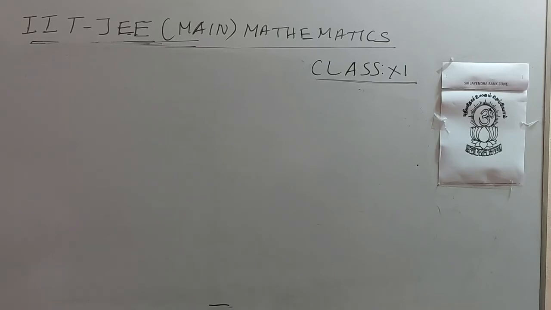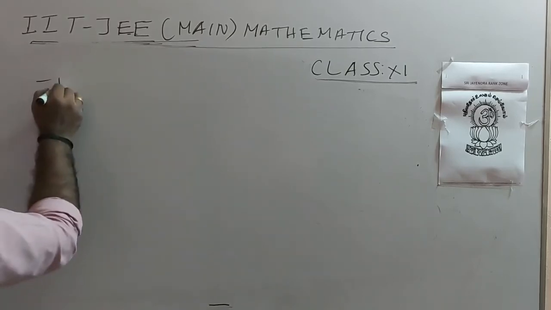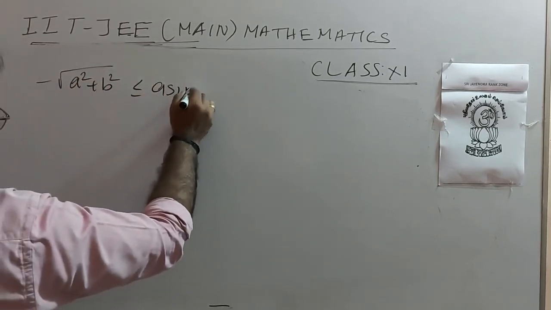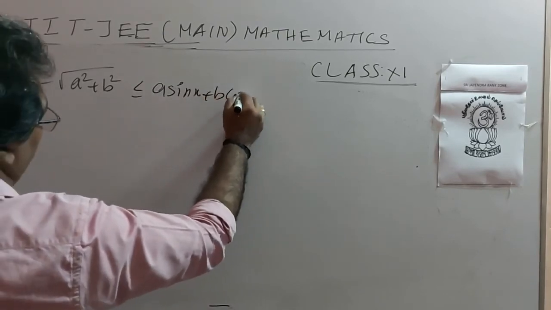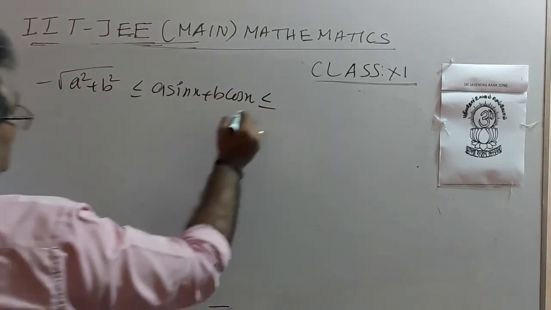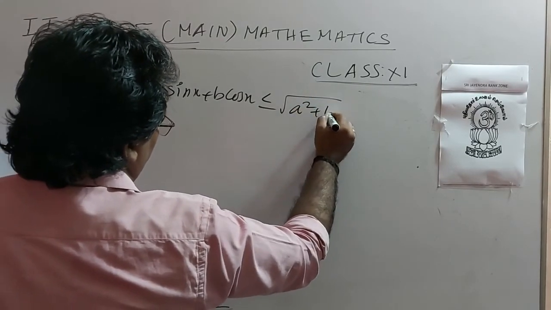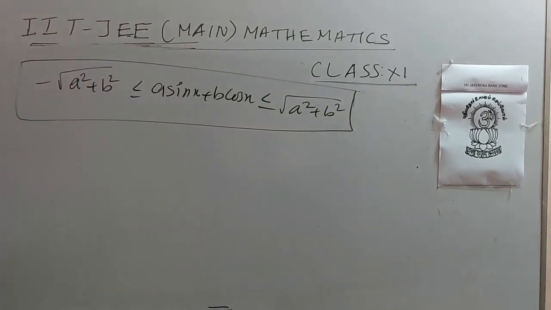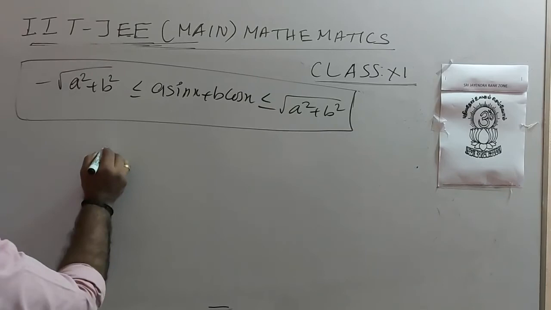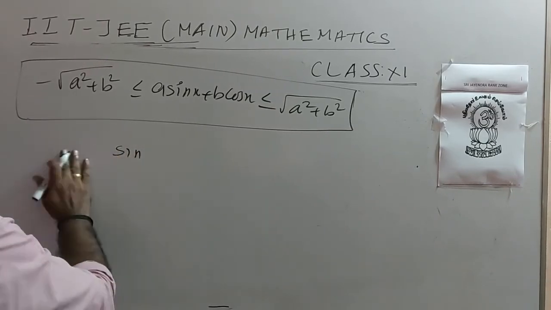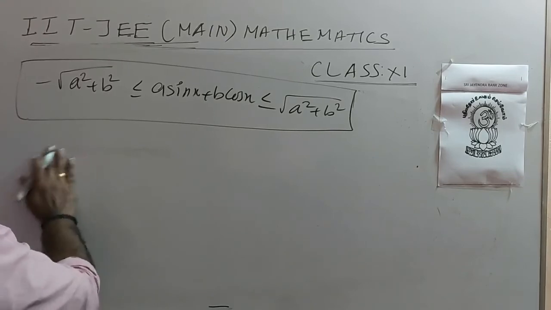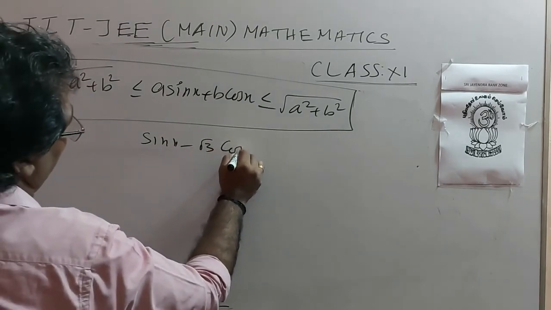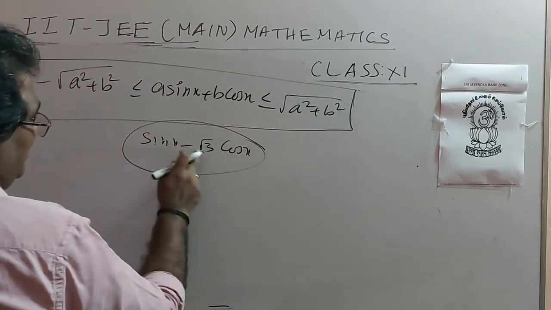In trigonometry, we have one result. Minus of root of a squared plus b squared less than or equal to a sin x plus b cos x less than or equal to root of a squared plus b squared. Here, sin x minus root 3 cos x, a is 1, b is minus root 3.